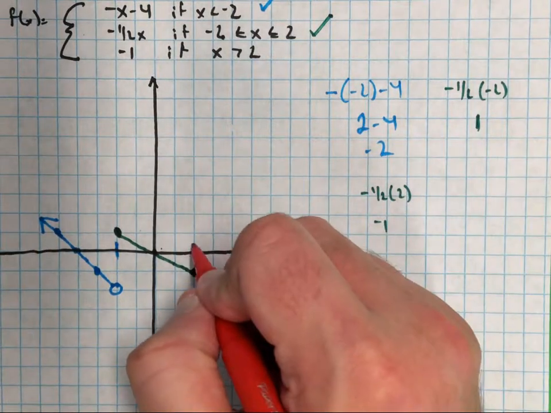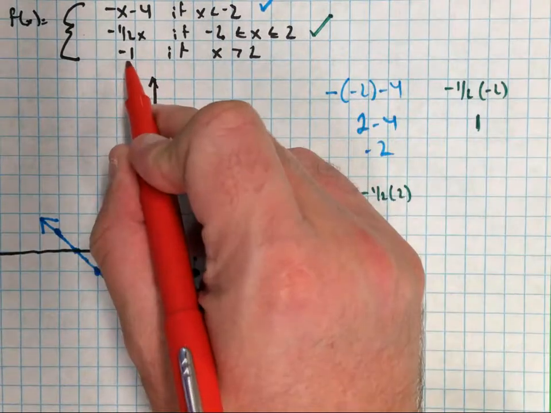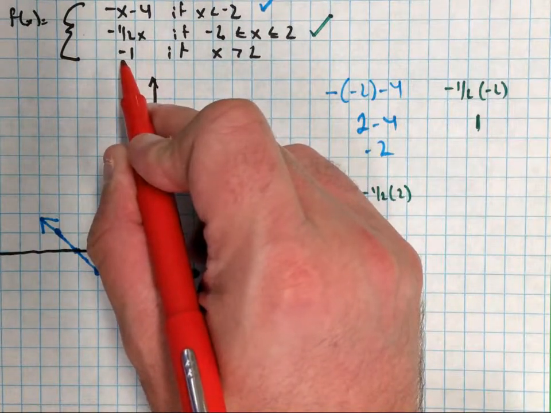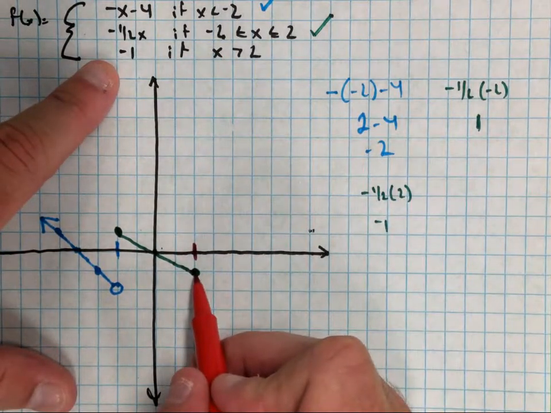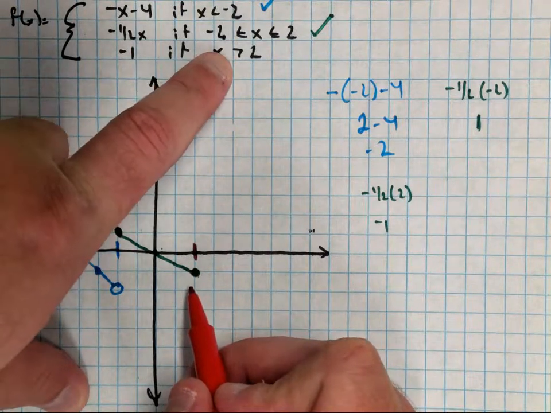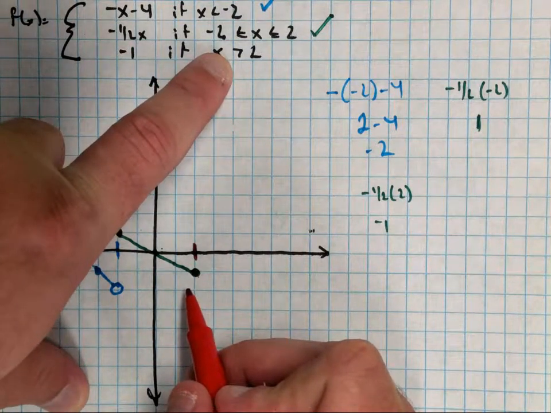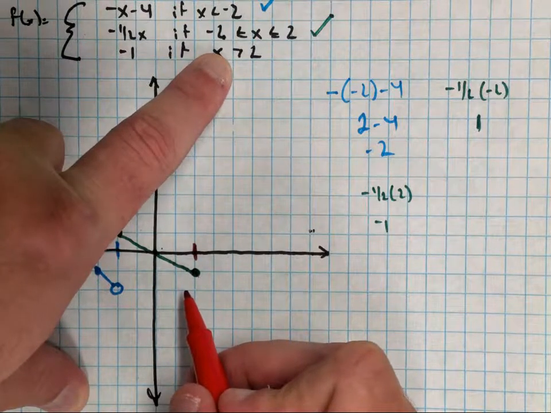This is my other restriction point at 2. Okay, now my final. I take 2. Do I plug that in anywhere? Can I plug that in? So, you say, okay, Mr. Tester, 2, negative 1, that's already closed, but it should be an open dot. Well, if you run into that situation when the dot's in the same spot, the closed dot always goes over the open dot, okay?